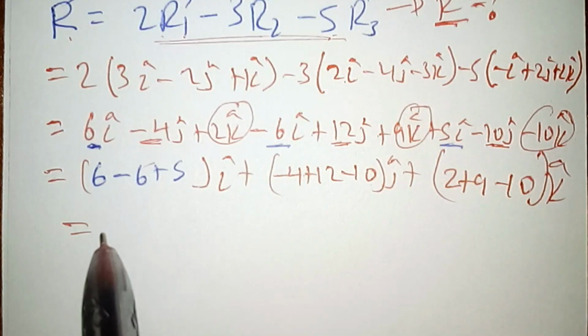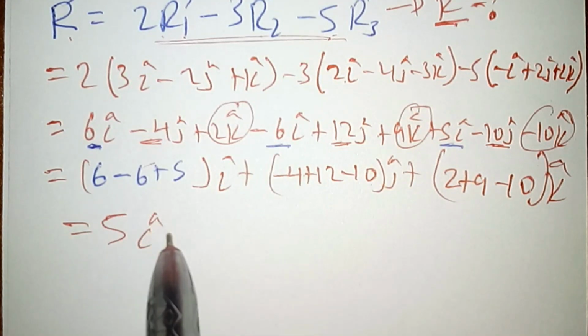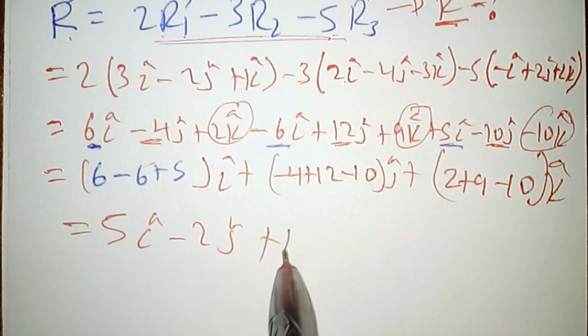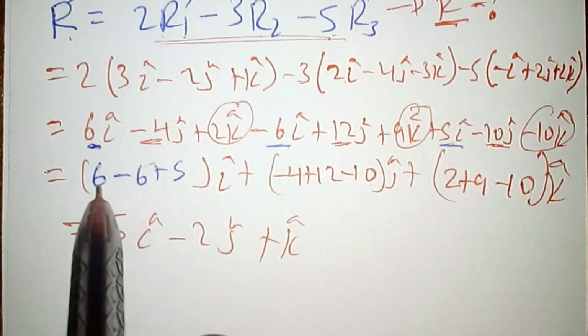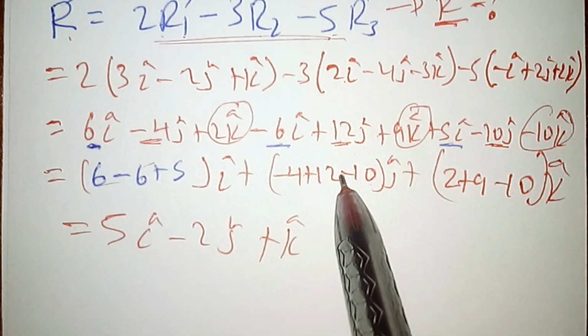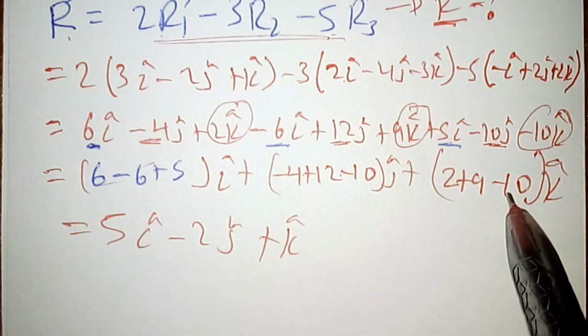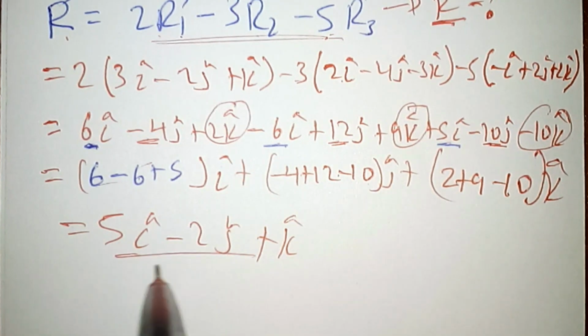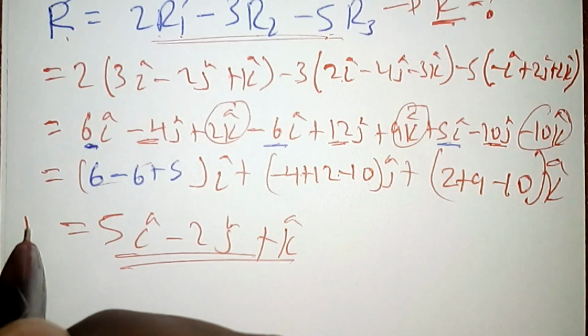So this equals 5i minus 2j plus k. So this gives us 5, minus 2, and 1. So this is the resultant vector r.